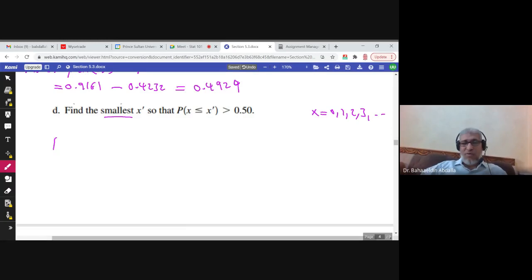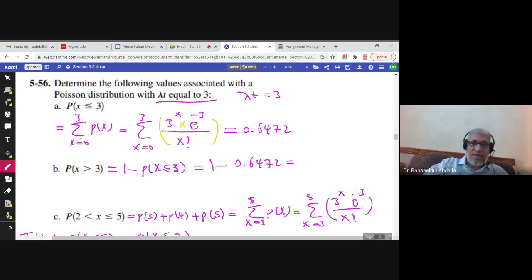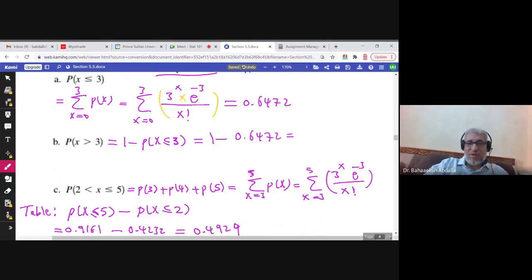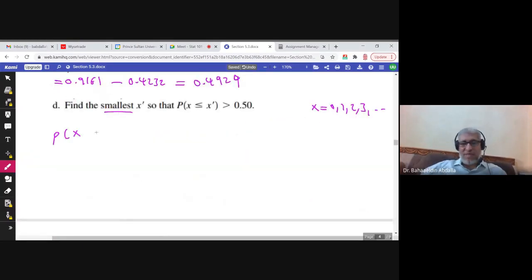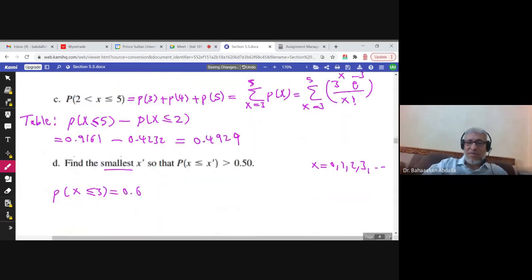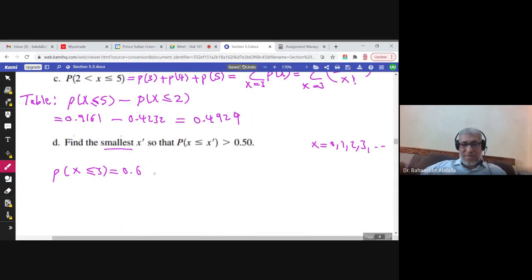We know, for example, from part A that probability of x less than or equal to 3 is 0.6472. So is it greater than 0.5? Yes, 0.6 is greater than 0.5. So probability of x less than or equal to 3 is already greater than 0.5.